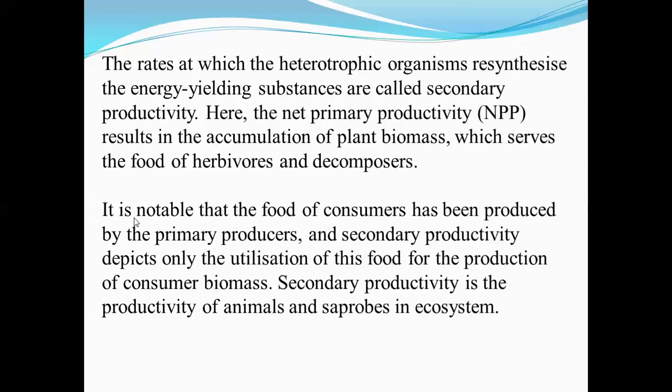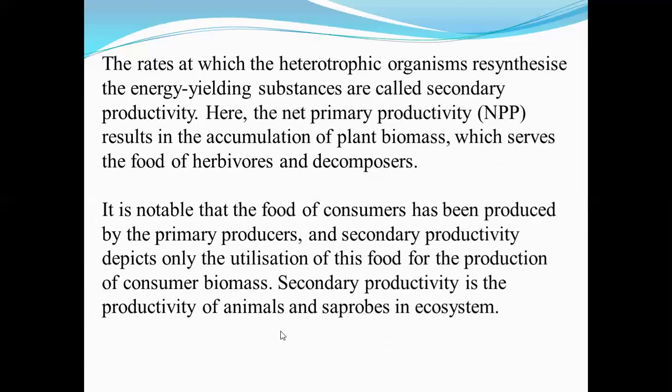And herbivores will resynthesize this food from the plants and utilize it for their own growth and development, and then probably pass it on to the next trophic level of the food pyramid. It is notable that the food of consumers has been produced by the primary producers, and secondary productivity depicts only the utilization of this food for the production of consumer biomass. So when the consumer is increasing its biomass, it is nothing but the food which is got from the primary producers.